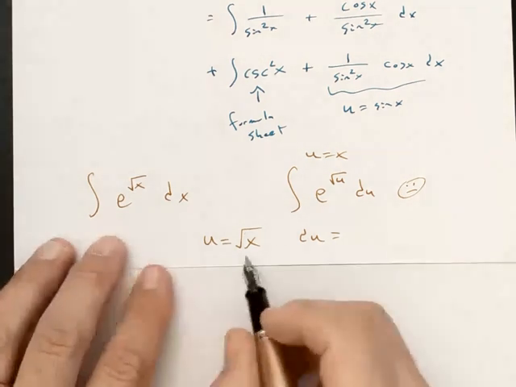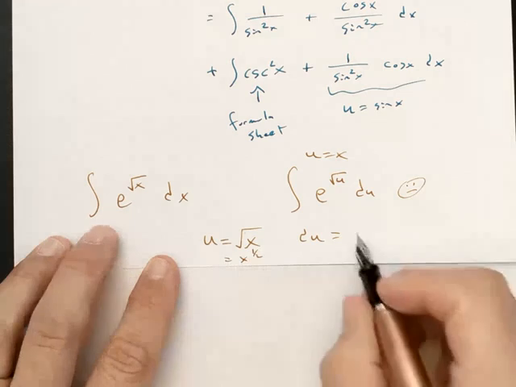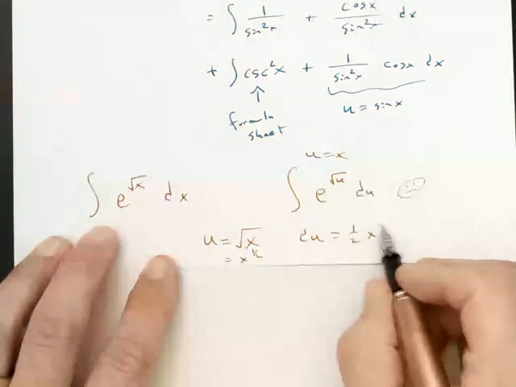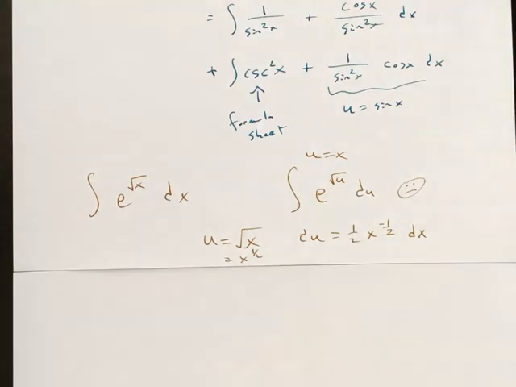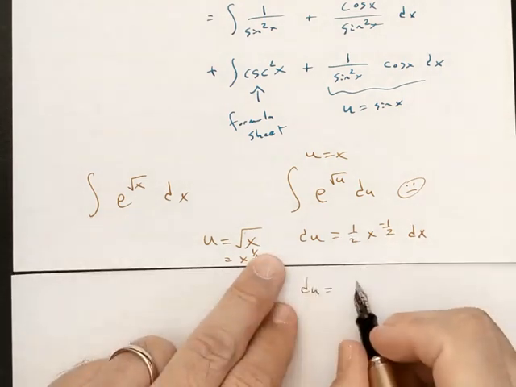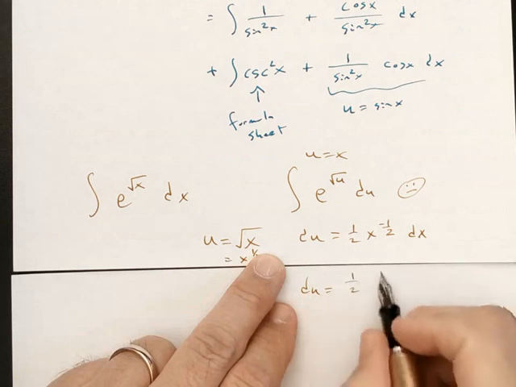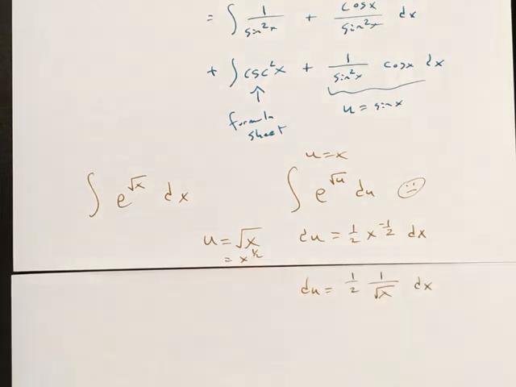Wait a minute. This is X to the 1/2, right? So when I do the derivative, I get 1/2 X to the negative 1/2 dx. I don't have any of that out there, do I? But another way to write this is to say that du is 1/2 times 1 over the square root of x dx, right?